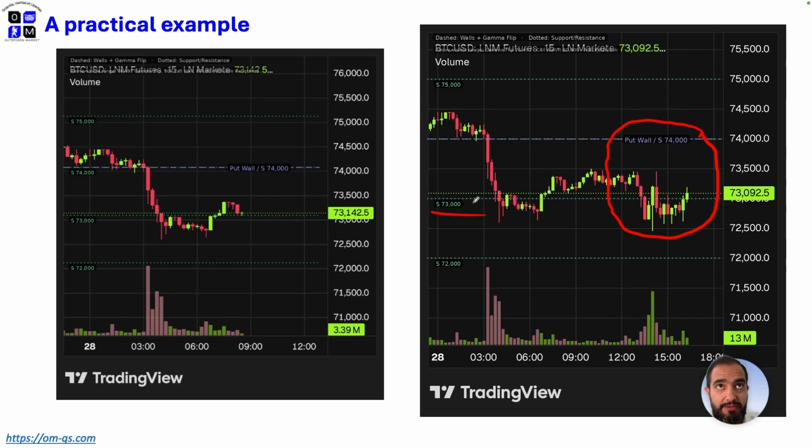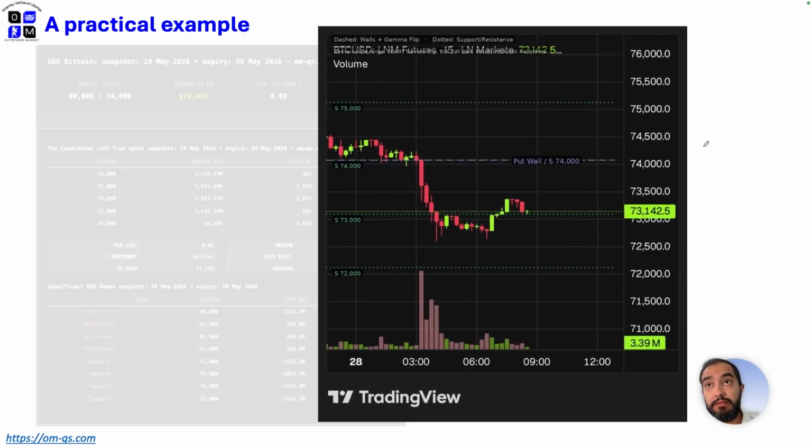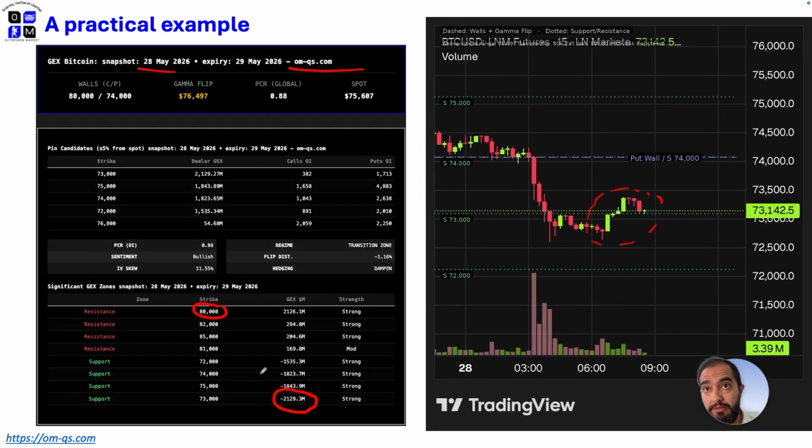And the 73 level is acting as it should be acting. A movement of rejection, since we are in negative GEX, would make it go pretty quickly to 72, or pretty quickly to the put wall, that is the second, actually the third strongest together with the 75 gamma exposure value on that level.